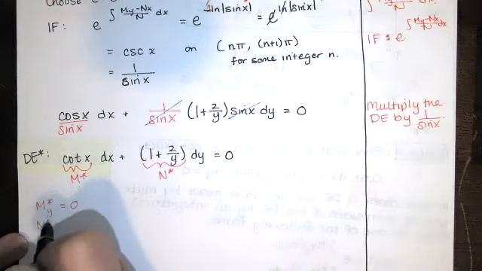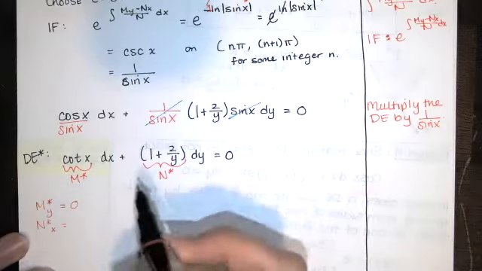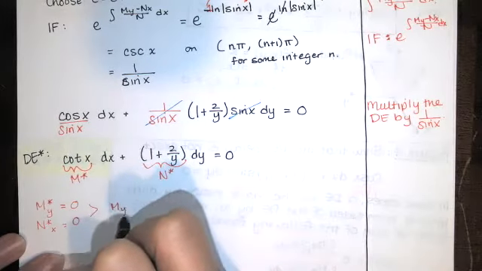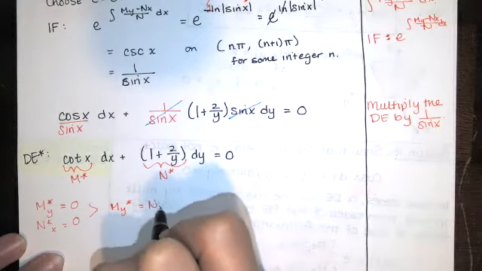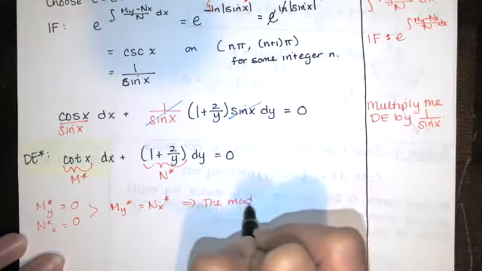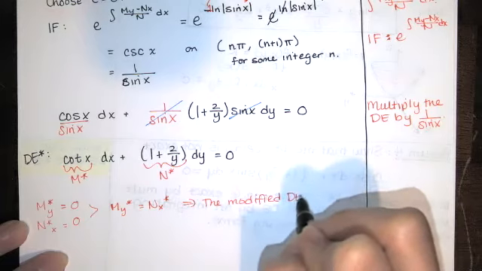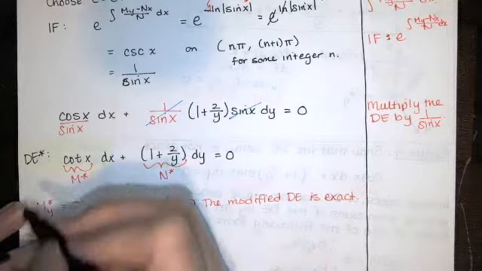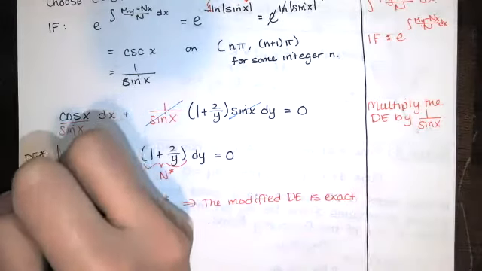And the partial of the new N with respect to x, well, it has no x's in it, so that's 0. Since those are equal, the modified differential equation is exact. Now, you were not asked to do that, so you don't have to. You were just asked to find this. And then that would be the answer to that part.